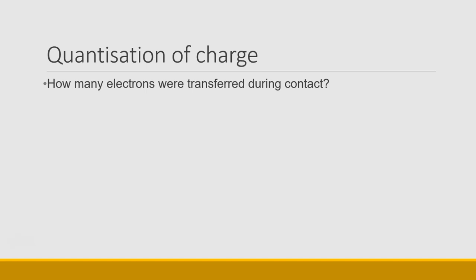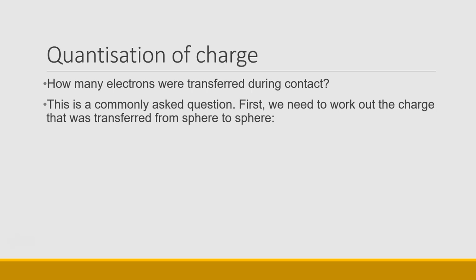This question comes up very, very regularly, and the question is, how many electrons were transferred during contact? So the first thing that we want to do is figure out how much charge was transferred. And once we've calculated how much charge was transferred, we can equate that total charge to a number of electrons. So again, this is a commonly asked question, and our first step is to work out the charge that was transferred from one sphere to the next.